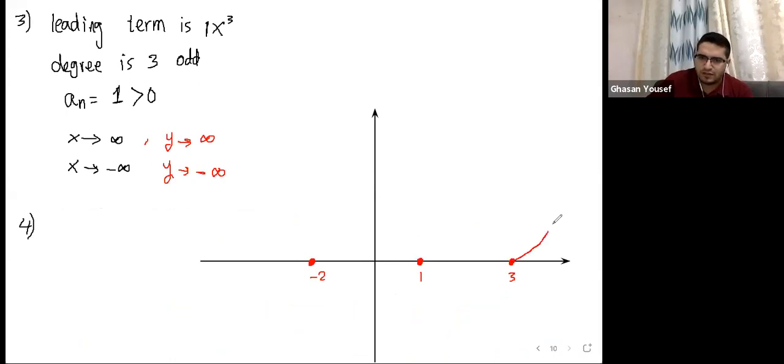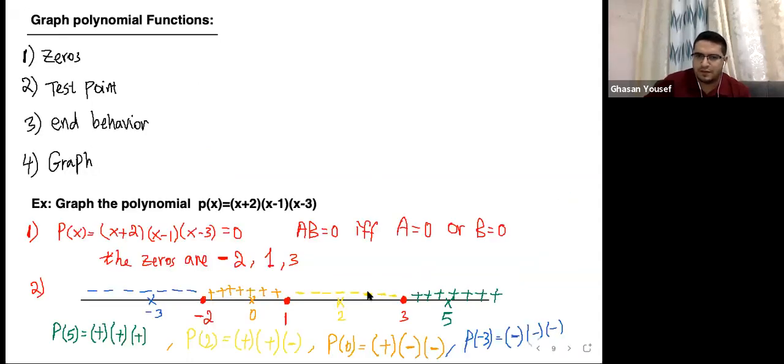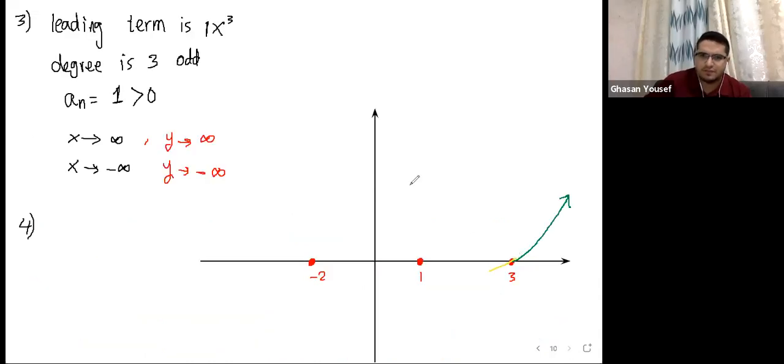So the curve should be like this, in green color, above the x-axis, because positive. Now we have negative, right? Negative means the graph of the function should be below the x-axis.